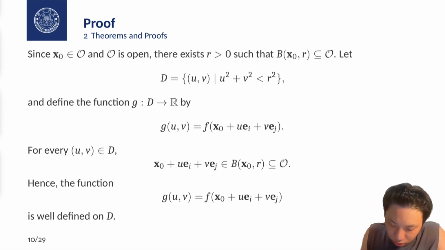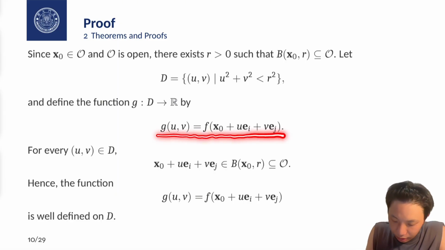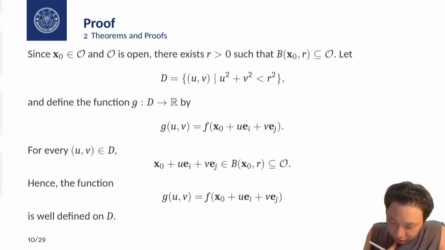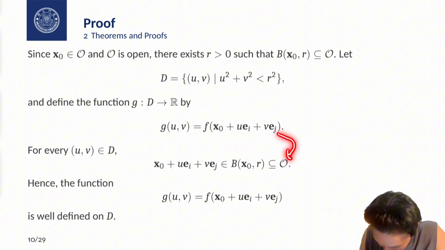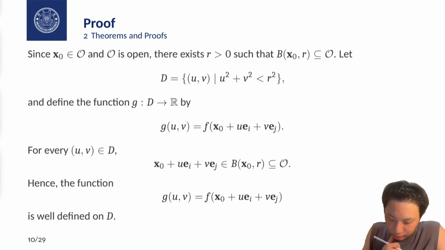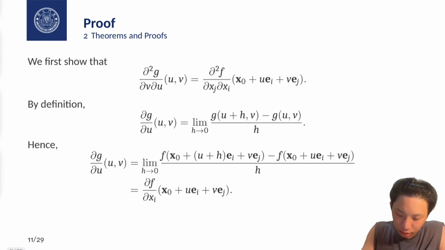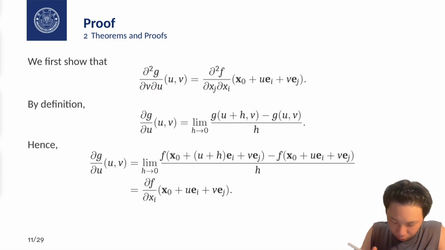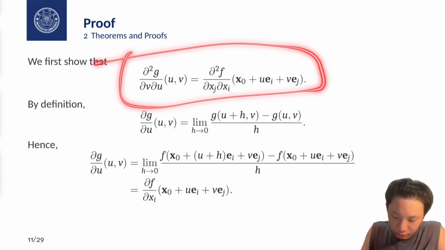We first define a function g(u, v) equal to this. This function is well defined because this point is in the domain. Now I want to show you this equation is true.